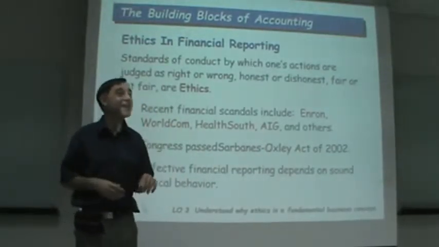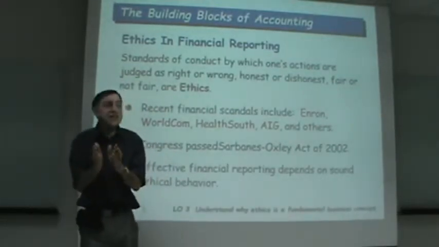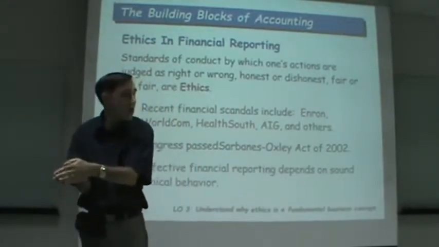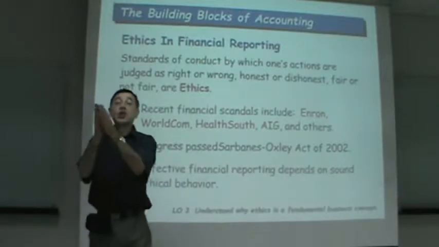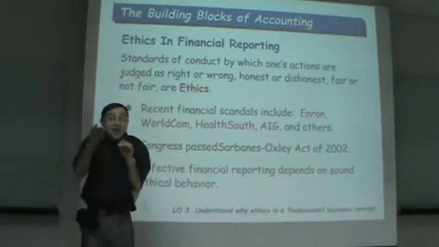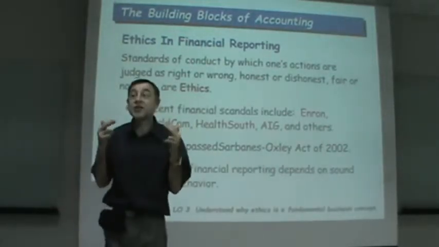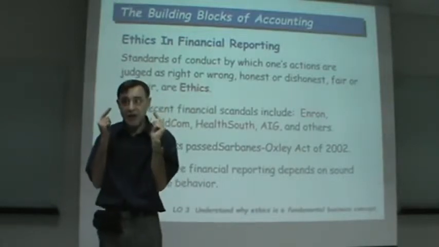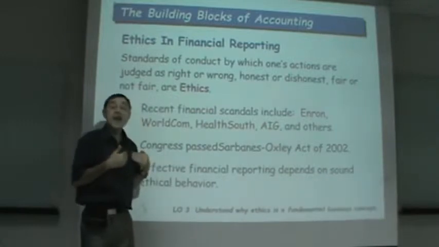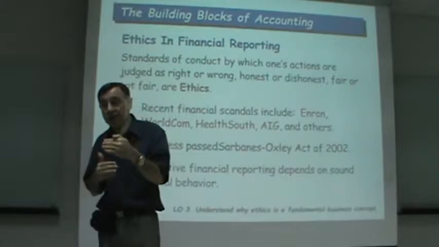Okay, hopefully you did. Let me explain. So, what is ethics? Ethics is about right and wrong, about good and bad. But ethics is different for different people. Ethics depends on culture, on religion, and sometimes on men and women.